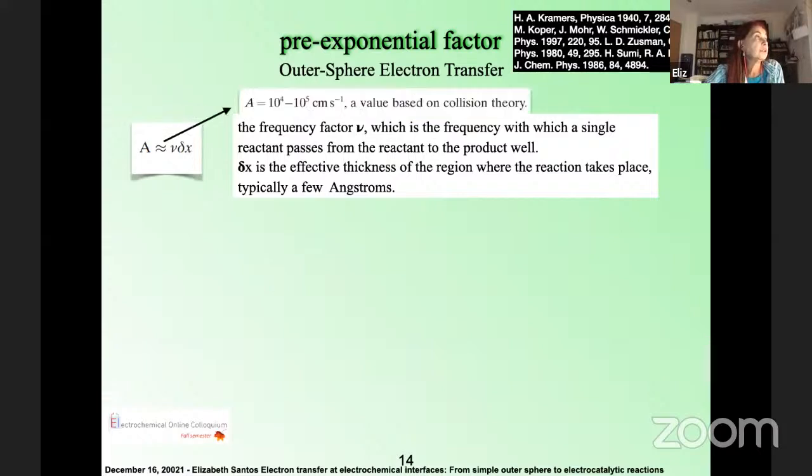In a first approximation, for example, Marcus, based on collision theory, proposed a value for the pre-exponential factor of 10^4 to 10^5.